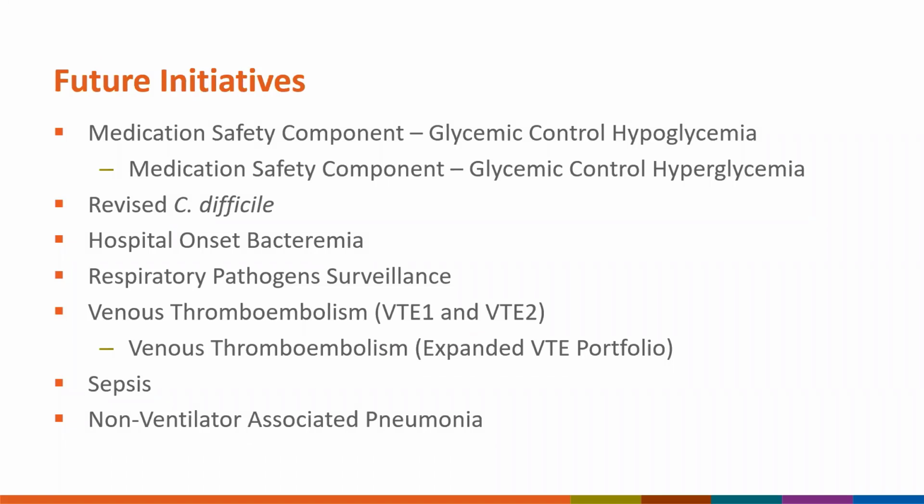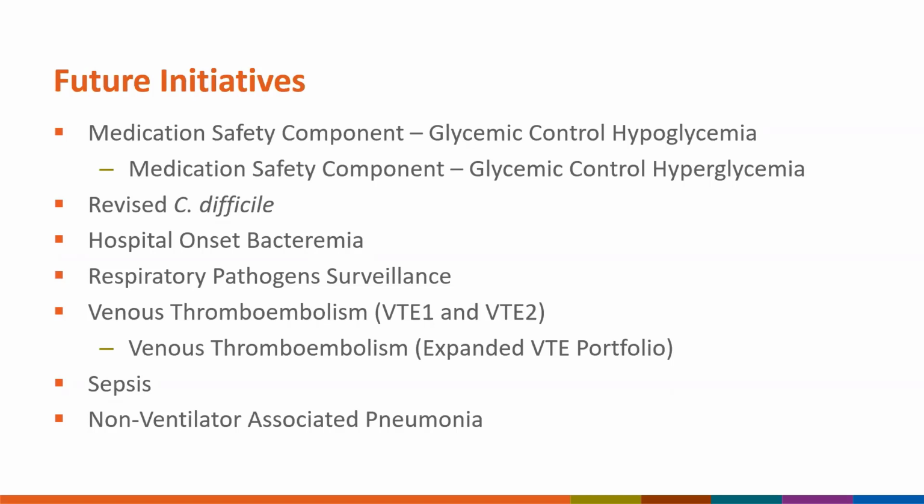With all of these measures that we're undertaking on this list, we are going to be looking at ways to collect data in a line level fashion so that we will be able to answer to the need that has been expressed to us to be able to have more robust risk adjustment, which requires us having the line level data. So all of these measures will fall into that category.